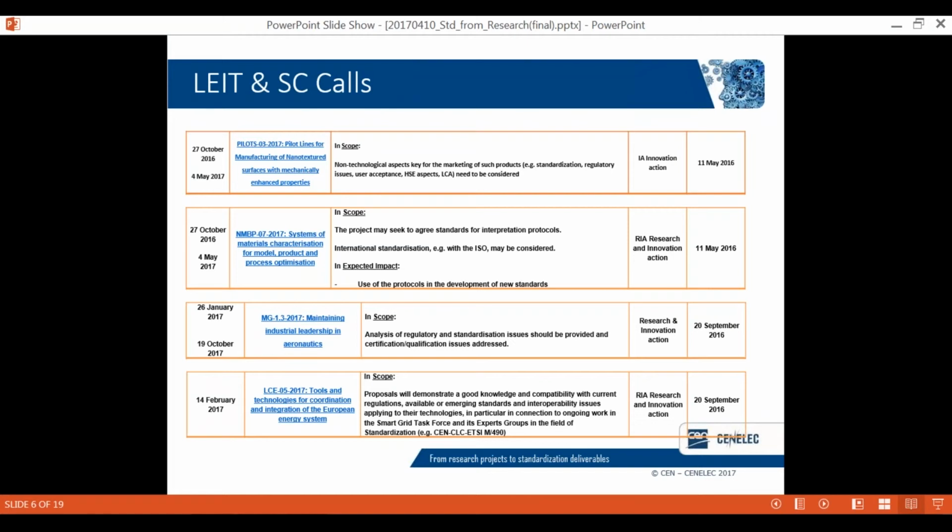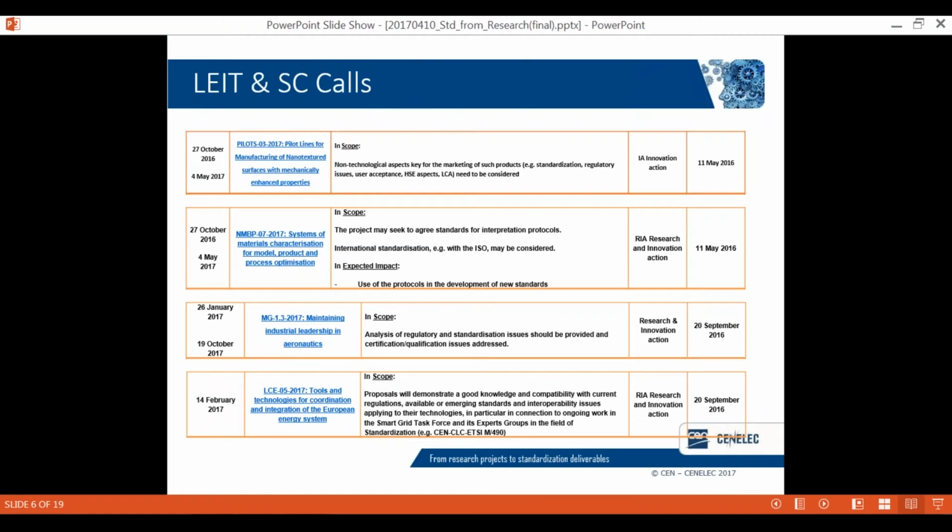Then in the second example, systems of materials characterization, the project may seek to agree standards for interpretation protocols. International standardization, e.g. with ISO, may be considered. So we're already going into a clearer reference to the standardization organization. Then, maintaining industrial leadership in aeronautics, the analysis of regulatory and standardization issues should be provided.